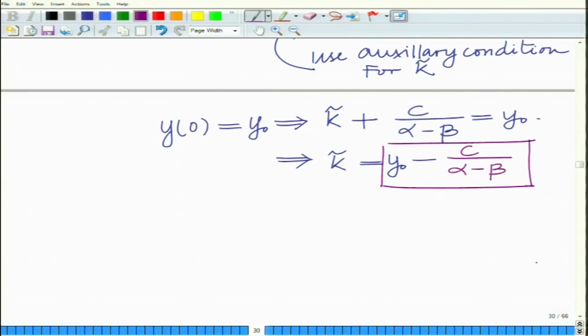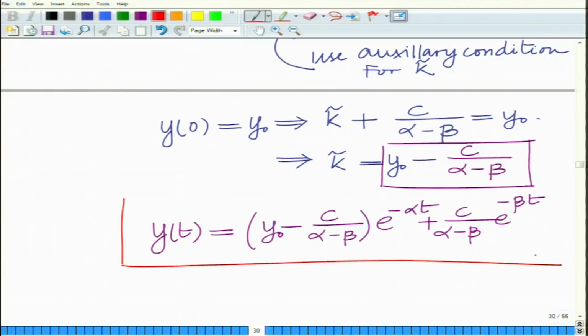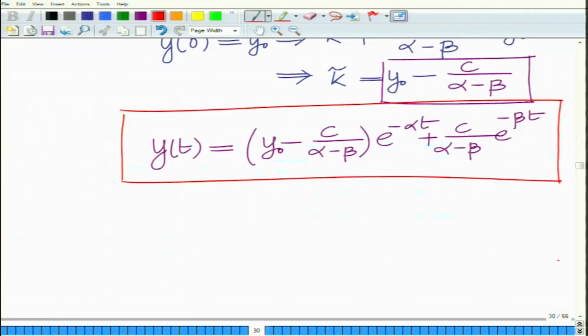Okay. So, therefore, we have the solution y(t) equals (y naught minus c over alpha minus beta) e power minus alpha t plus c over alpha minus beta e raised to minus beta t. So, this determines the complete output signal.